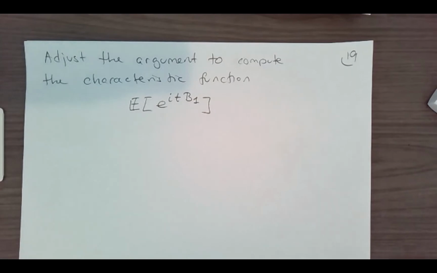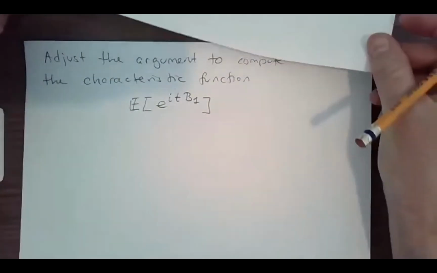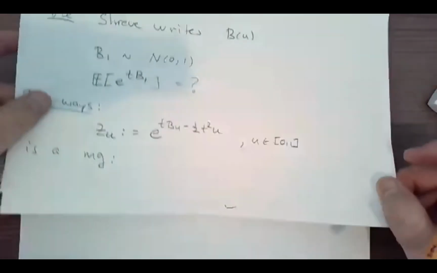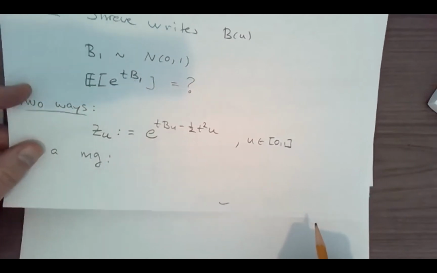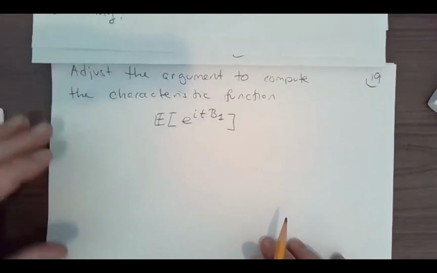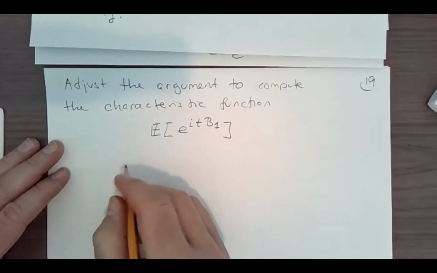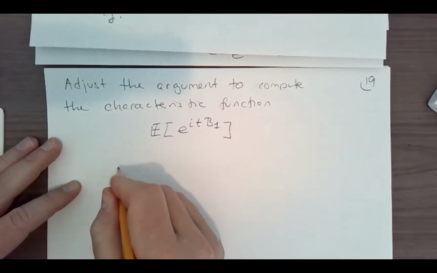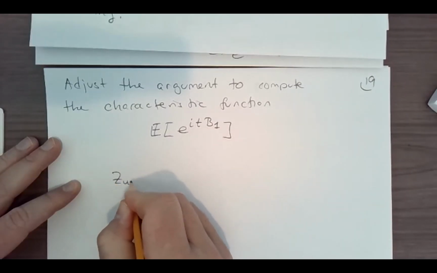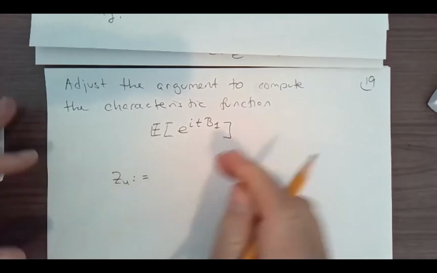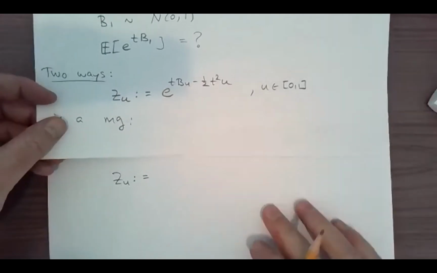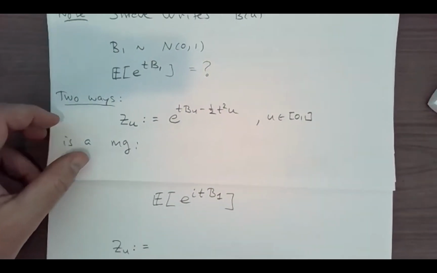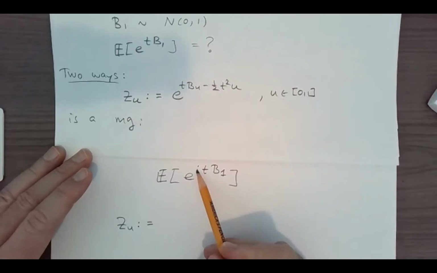And so what was it we had before? We had a nice martingale. This was our martingale from before. How should we adjust it? Now we have a martingale, so we should look at Z^U. Any guesses on how we should adjust this martingale to the case that we're interested in now, when we have an i here?